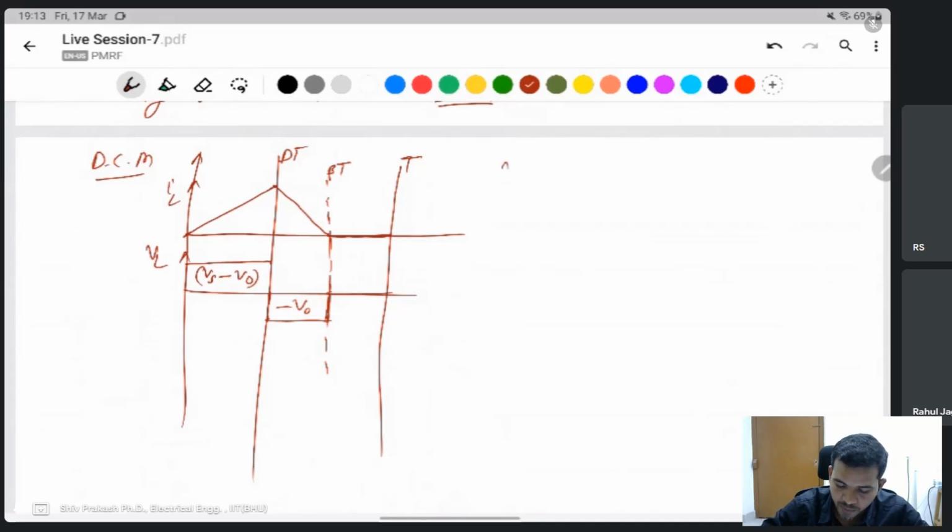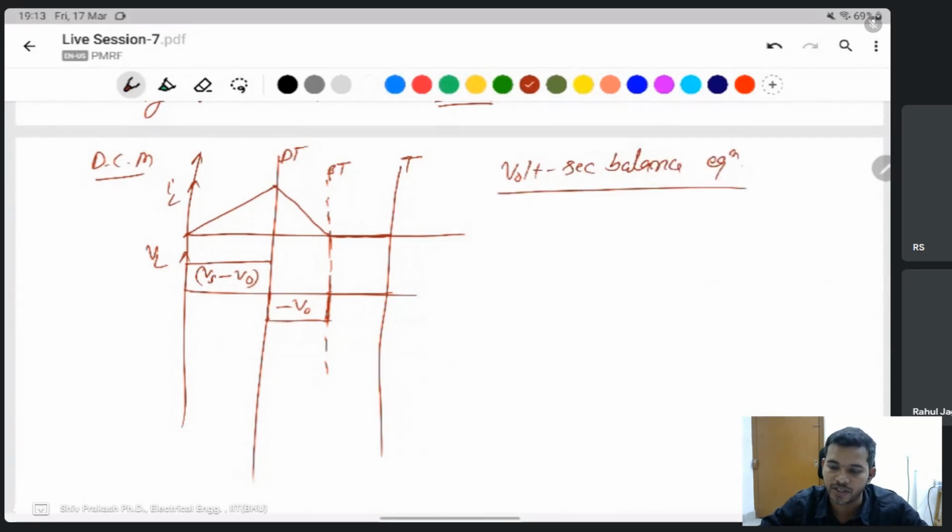Then if you apply the volt-second balance equation, you can find the output voltage in discontinuous conduction mode. Volt-second balance says that the average voltage across the inductor is 0.